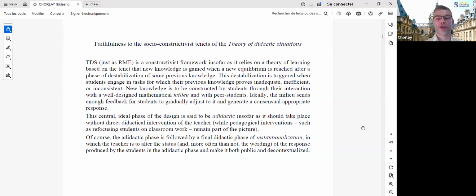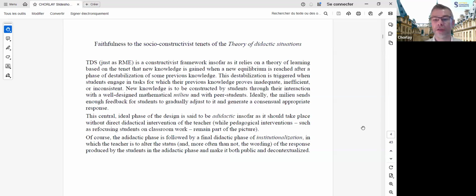mathematics education research. First, the general theoretical background is the theory of didactic situations. So TDS, just as realistic mathematics education, is a constructivist framework, insofar as it relies on a theory of learning based on the tenet that new knowledge is gained when a new equilibrium is reached after a phase of destabilization of some previous knowledge.